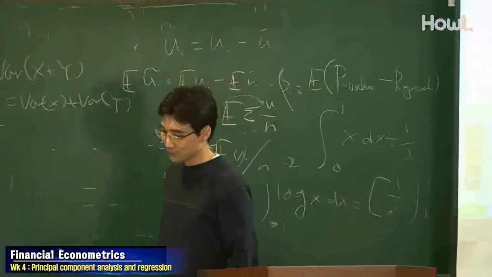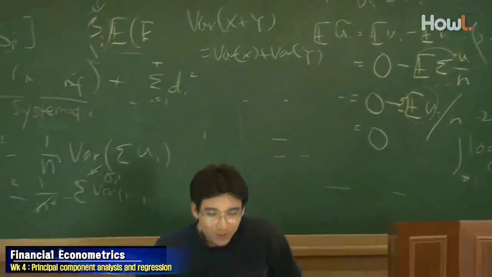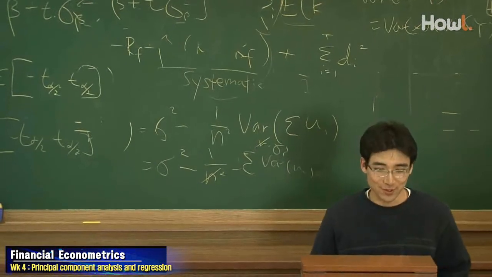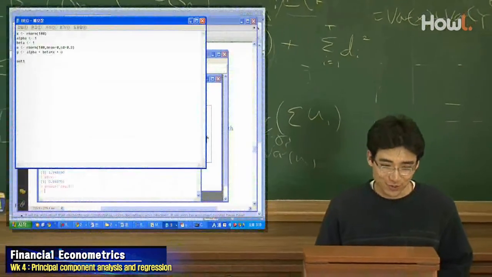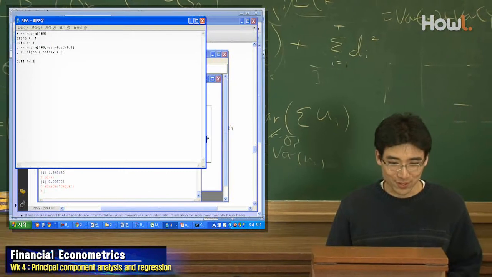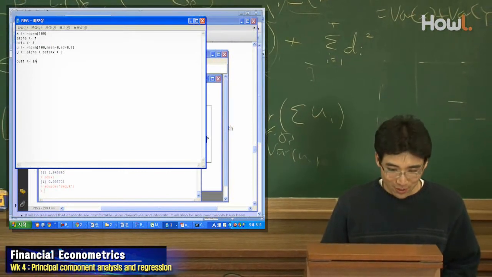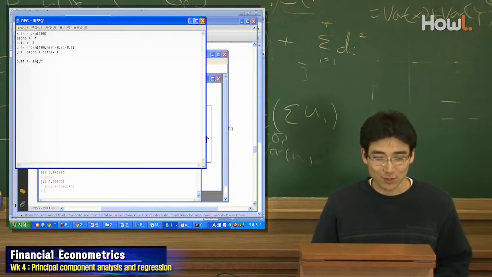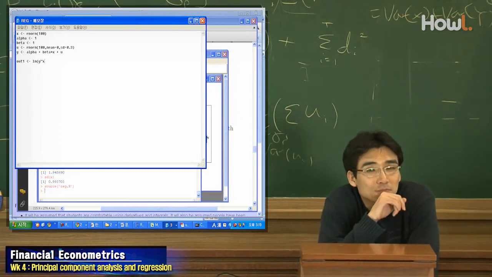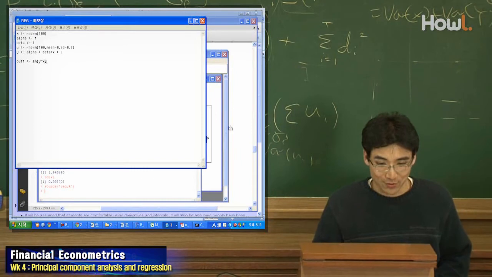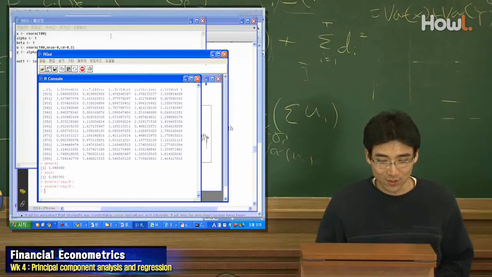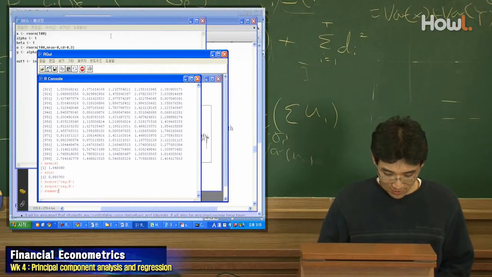It's been a while since I did the regression, so, okay. Let's output 1 equals linear regression, where we want to express y with respect to x. We have only one regressor. And let's see the output summary.